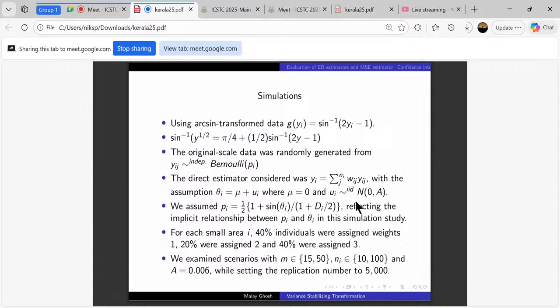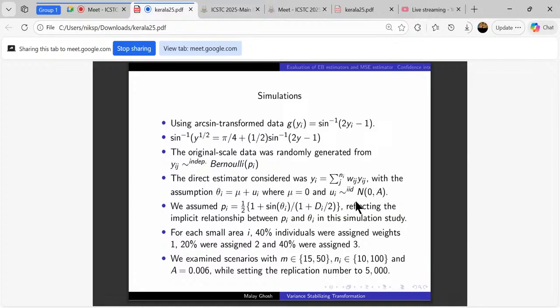So original scale data was randomly generated from a model with p_i. The direct estimator was y_i, but theta is just to be considered a simple intercept model. We assume that p_i has that relation, reflecting the implicit relationship between p_i and theta.